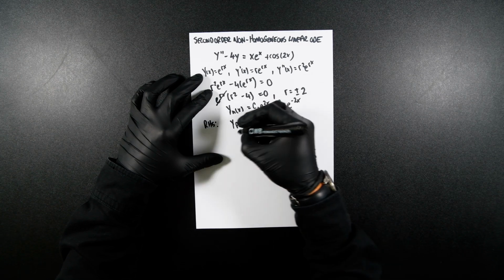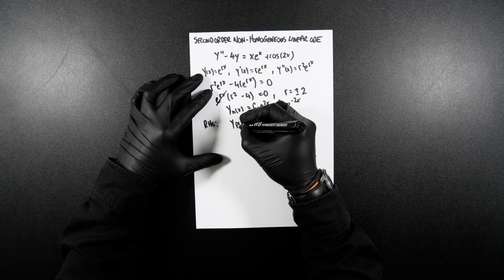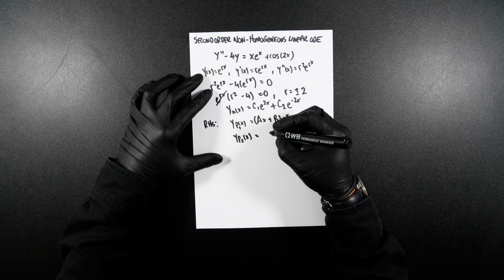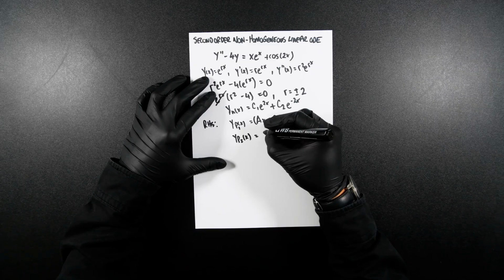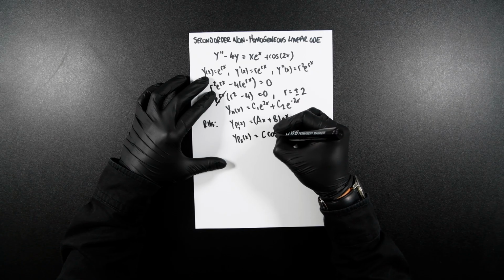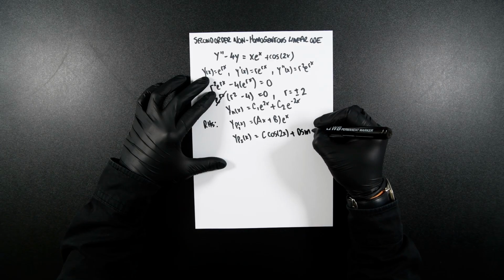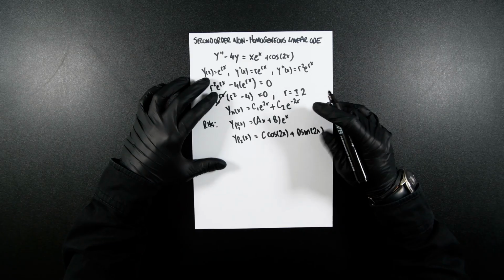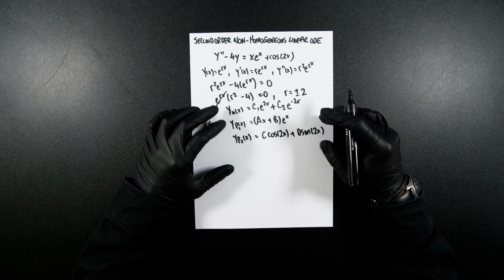And for cos 2x, we'll mark that as y_p2(x). Which is obviously trig, so it's going to be c cos 2x plus d sine 2x.